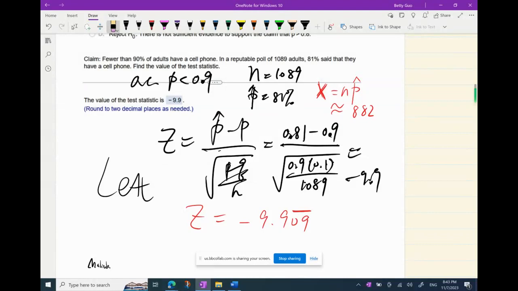Oh, here there's a problem. If you use the calculator function and round to 2 decimal places, your answer is supposed to be negative 9.91. You see what I'm talking about? But if you use the formula, you get exactly negative 9.9.